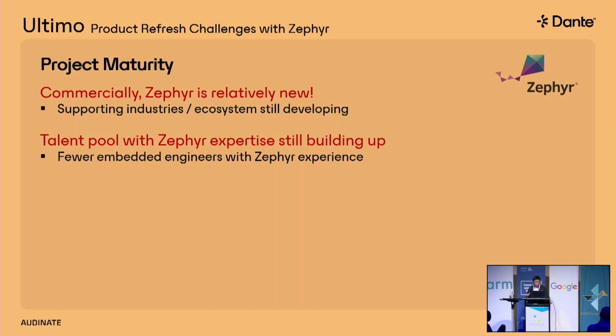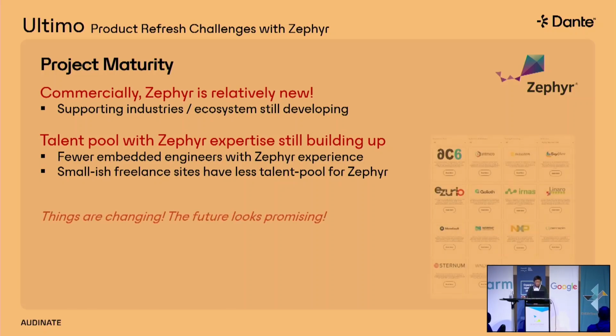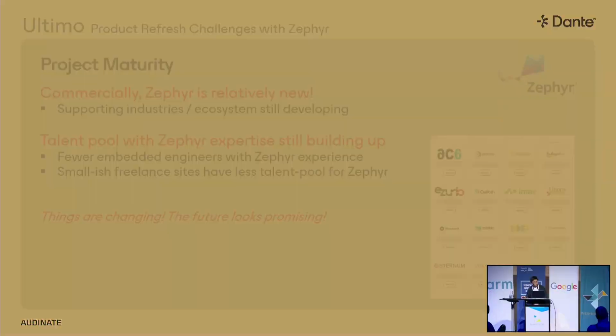There were features that we wanted to outsource to experts, and we looked on smaller freelance sites such as Upwork, and we didn't have much luck. However, if you look at the Zephyr RTOS webpage, they list all the organizations offering training, consulting, and services, and who's working on future releases and features, and you can talk to them. So we're quite positive on the support that's coming up in the commercial sense for Zephyr.